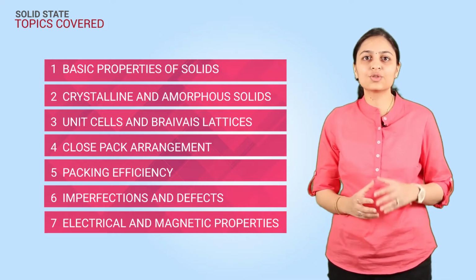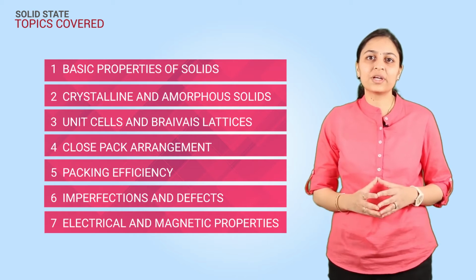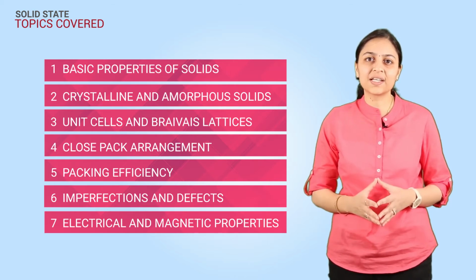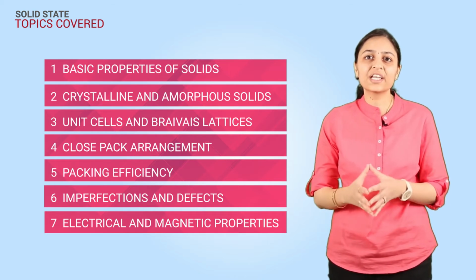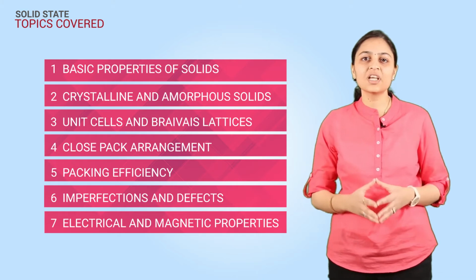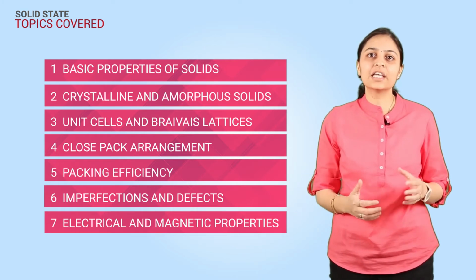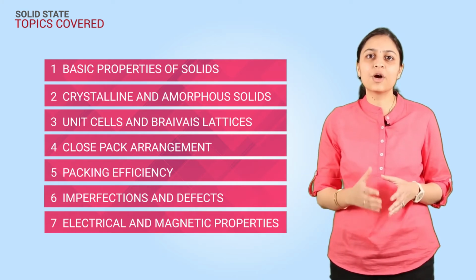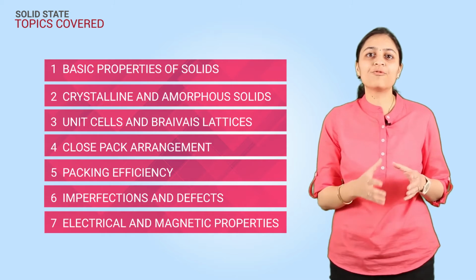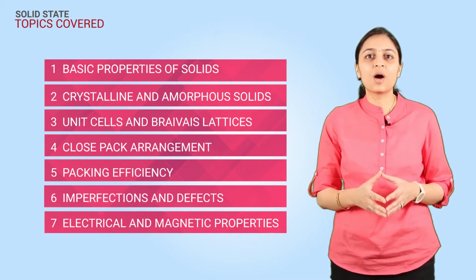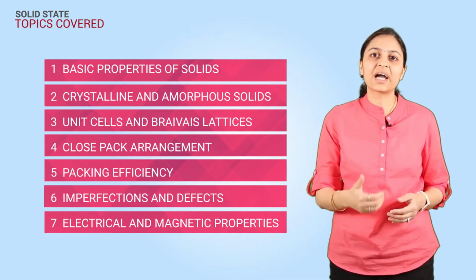Further, we'll look into the close packing arrangement of constituent particles and their packing efficiency in solids. We'll also discuss the imperfections or defects present in solids, and finally we'll study the electrical and magnetic properties of solids. So let us first learn about the basic properties of solids.